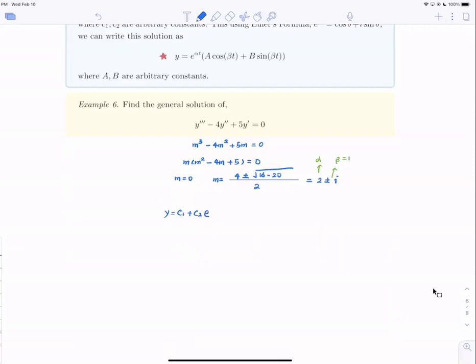Alpha is 2, so e to the 2t, and then cosine beta t, beta is 1, so cosine t. Plus c3 e to the 2t sine beta t, so sine t. And that is the final solution.